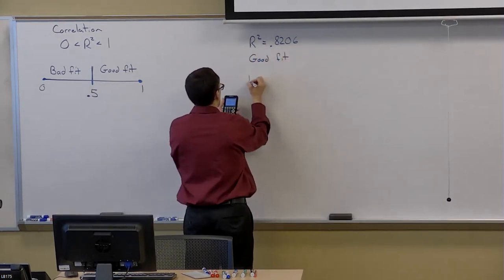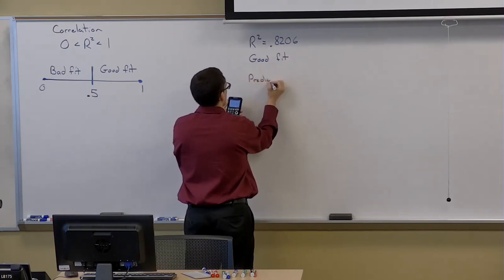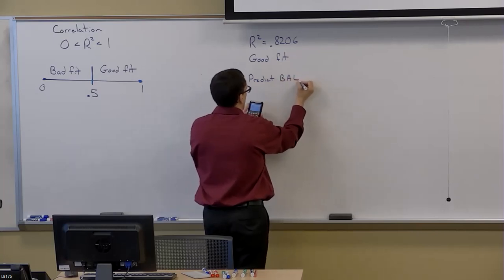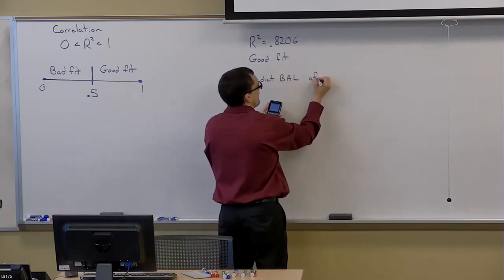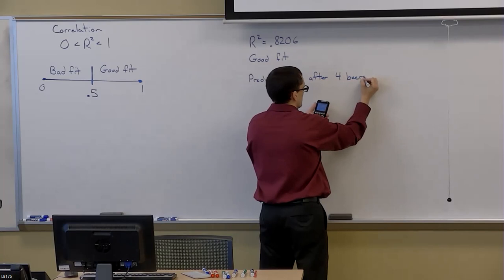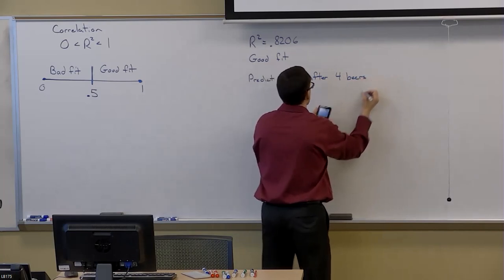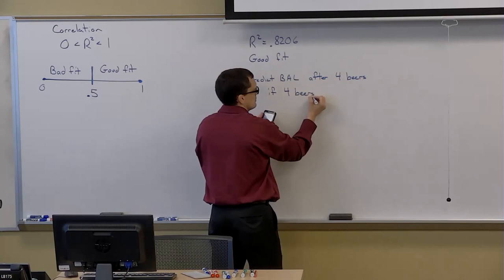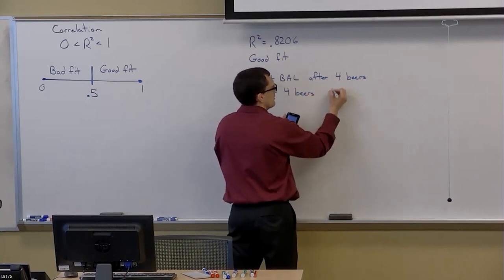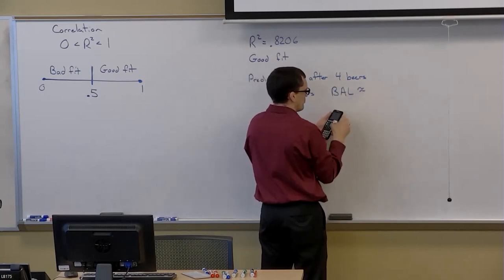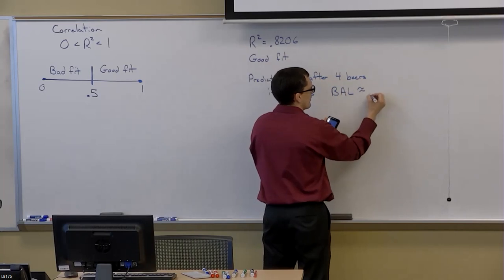When we did our predictions, we predicted the blood alcohol level after having 4 beers in 2 hours. We said if we have 4 beers, you can look back at your notes, the blood alcohol level will be approximately 0.0564.